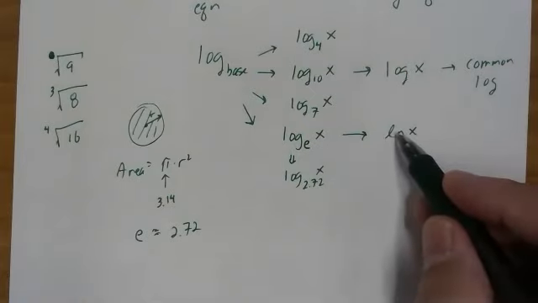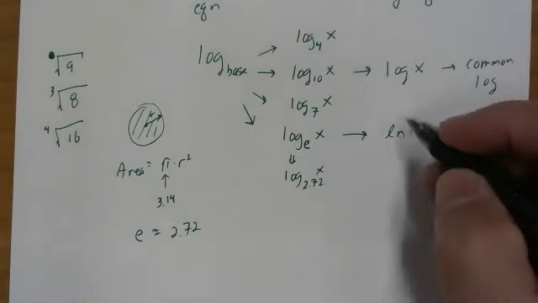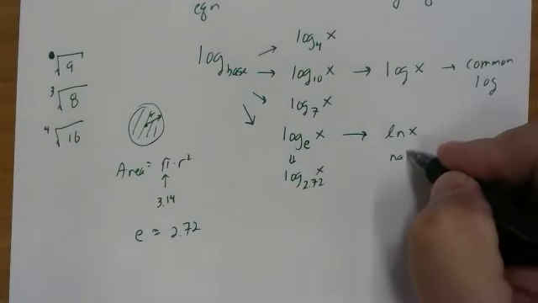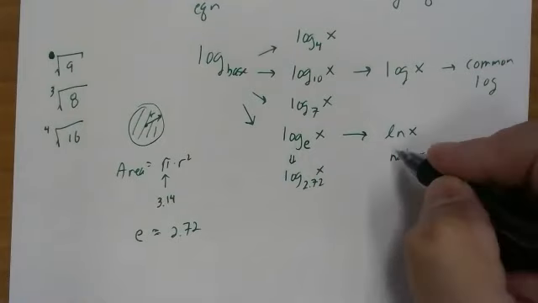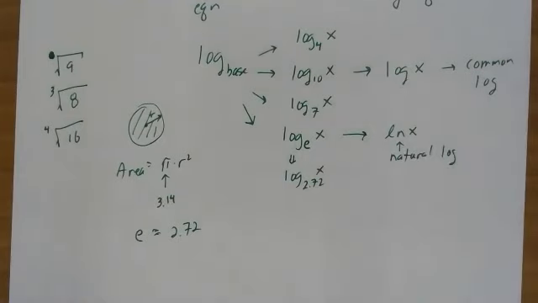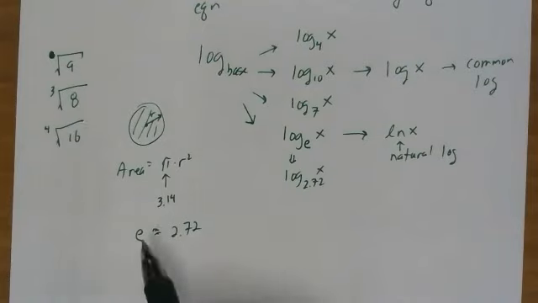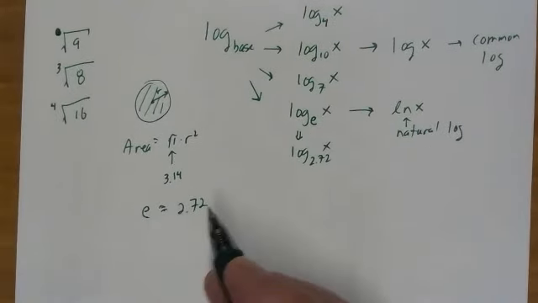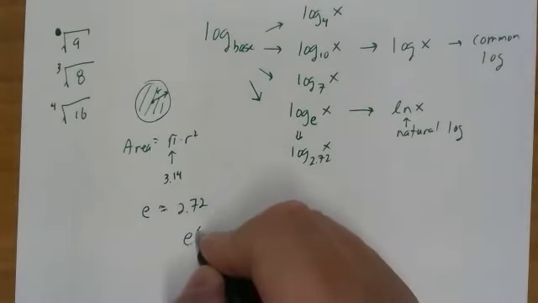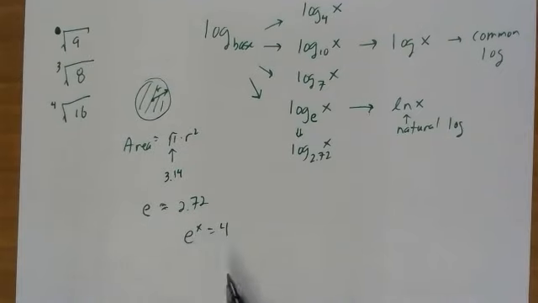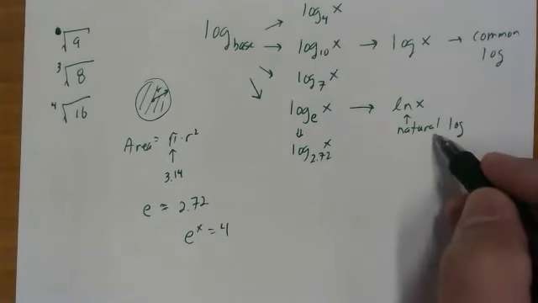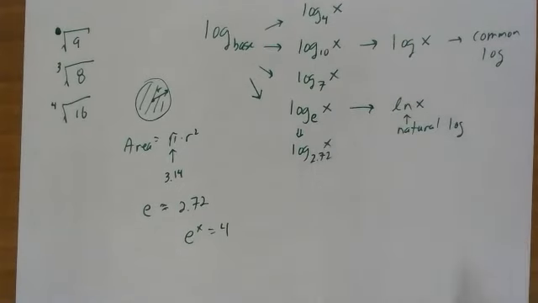They call it ln of X, and this is called the natural log of X. Because E is also called, when we have an exponential equation like this, the natural exponential equation. So they use this word natural when we have this E involved.